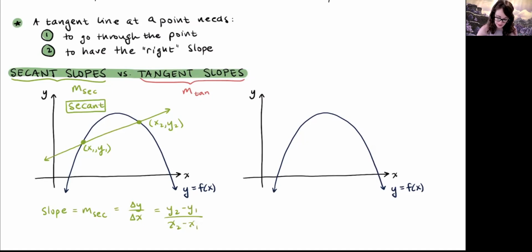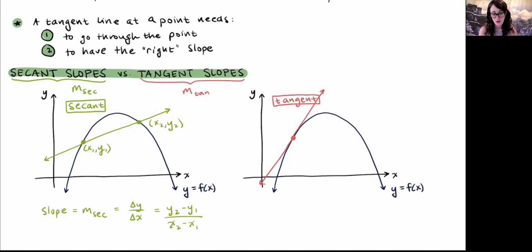If we wanted to find the tangent lines and their slopes, well, we only have 1 point, as we said before. So if we wanted to find the tangent line here, we could sketch it in. Maybe again, it looks something like this.